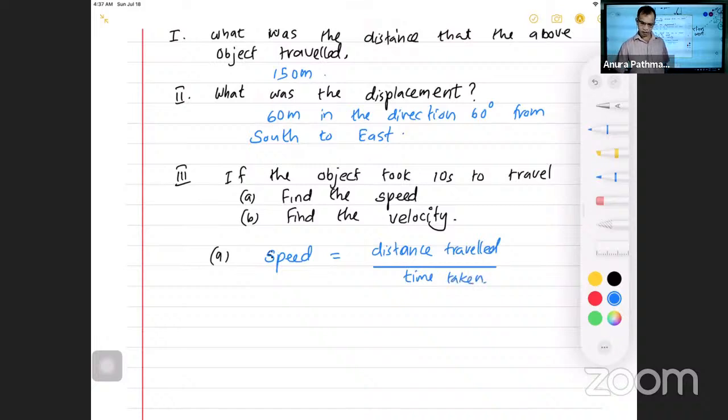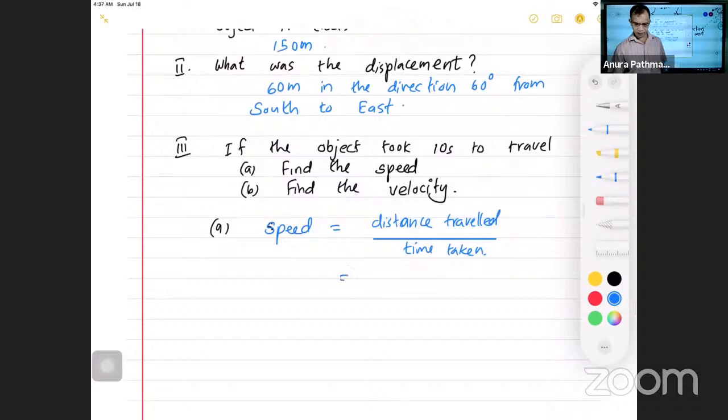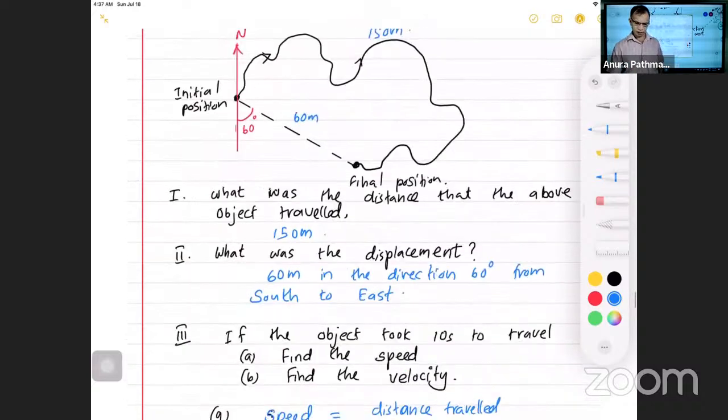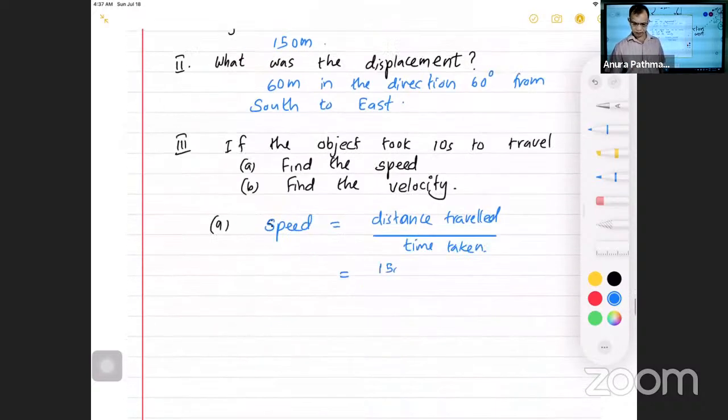The distance traveled equals 150 meters, divided by 10 seconds. So finally you will get 15 meters per second. 15 meters per second is the speed.